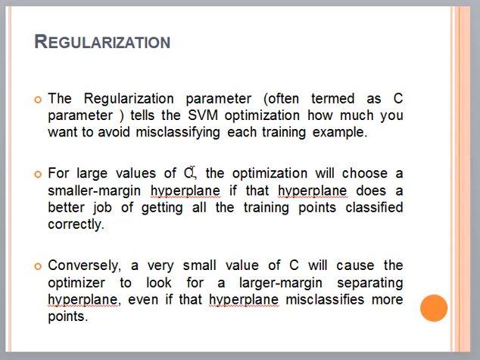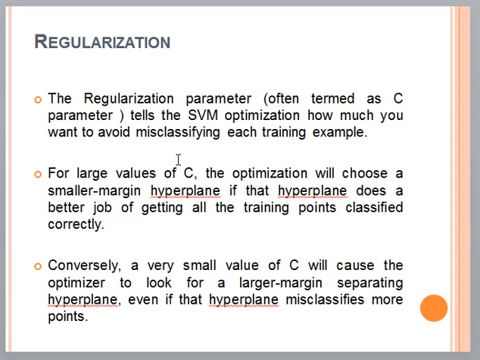For larger values of C, if we select the regularization term C with a higher value, the optimization will choose a smaller margin hyperplane if that hyperplane does a better job of getting all the training points classified correctly. So the margin for the hyperplane will be smaller if the value of C is higher, and you know what happens if we have a smaller margin.